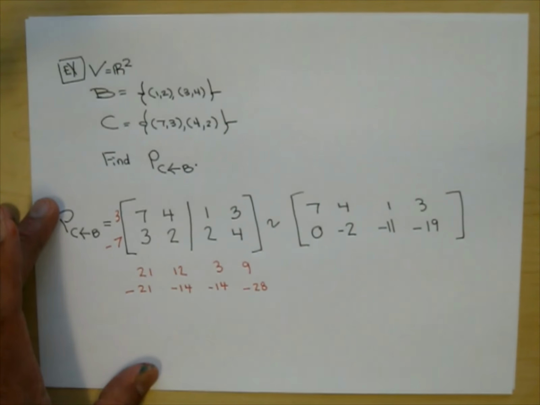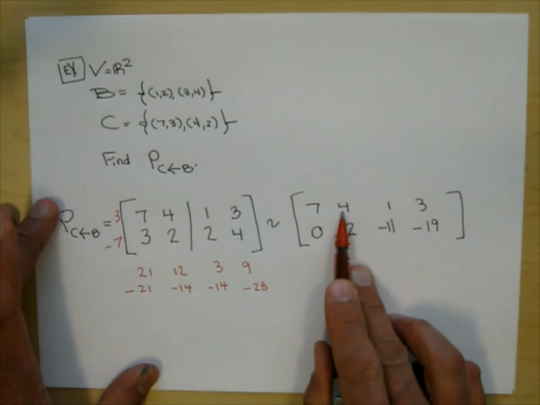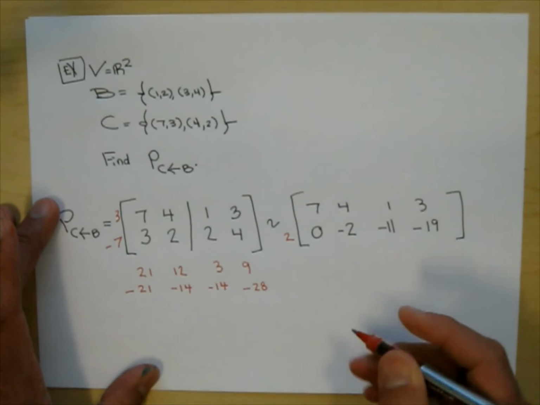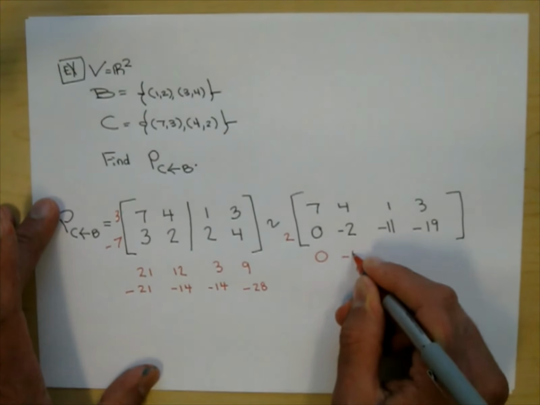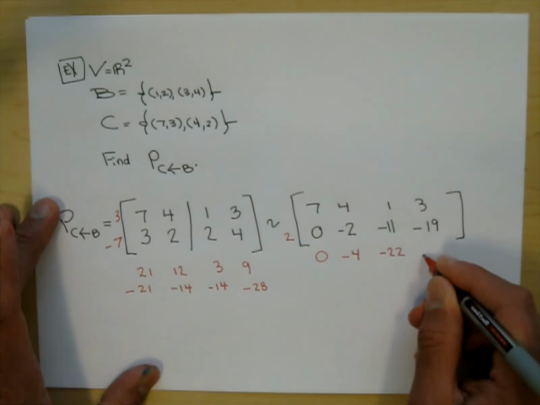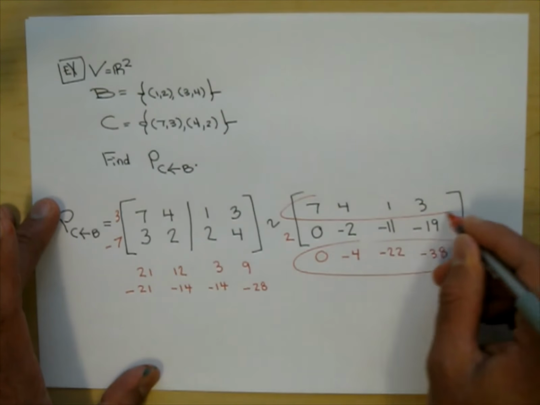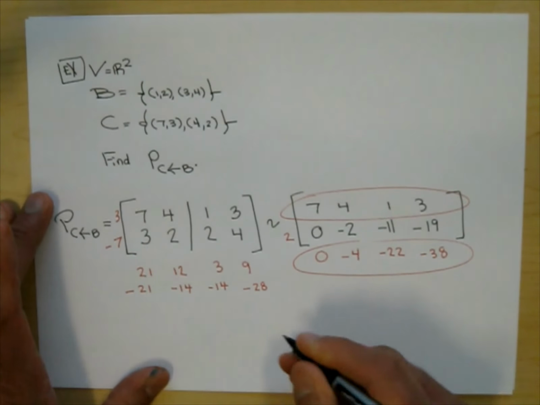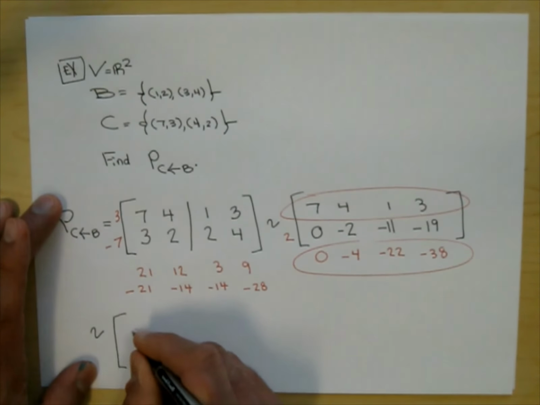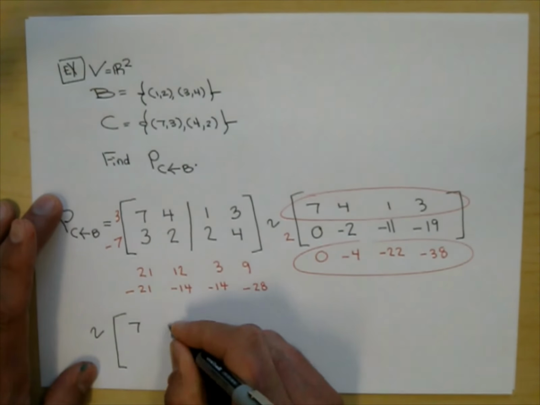So now I'm going to multiply row 2. I'm using this as a pivot to put a 0 there. I'll multiply row 2 by 2 and add it to row 1. So this is 0, -4, -22, and -38. Ugh. Okay, well that's alright. I'll just go with this. So what I'm going to end up getting here is 7, because 0 plus 7, and then we have the 0 which we want.